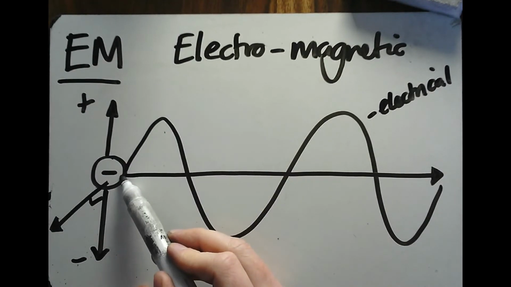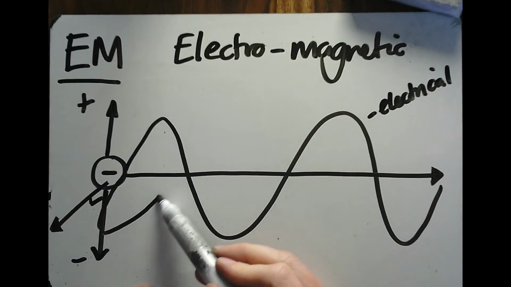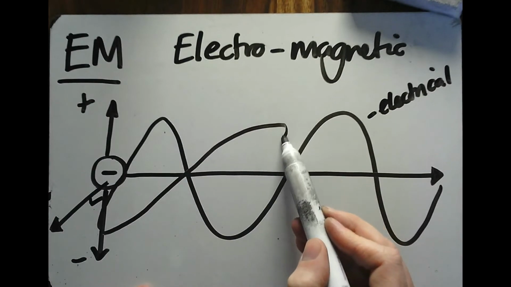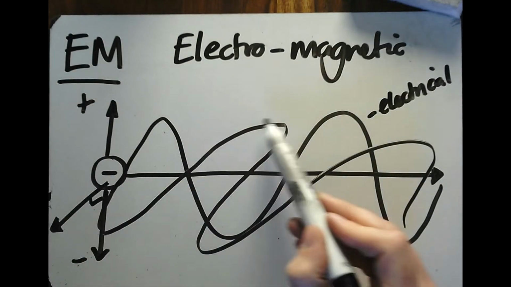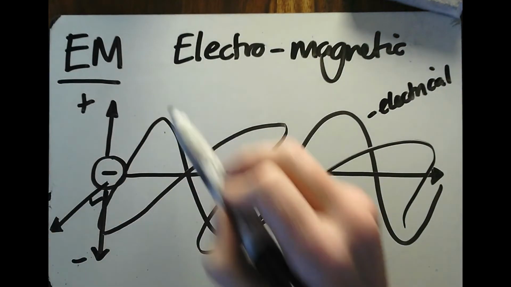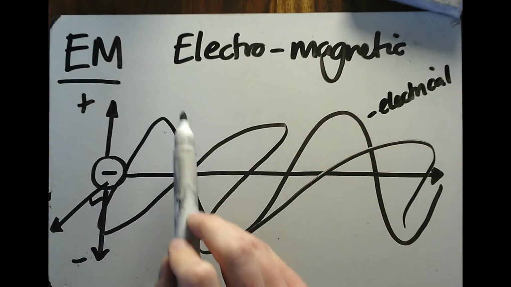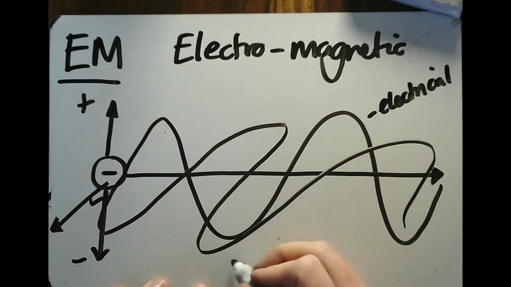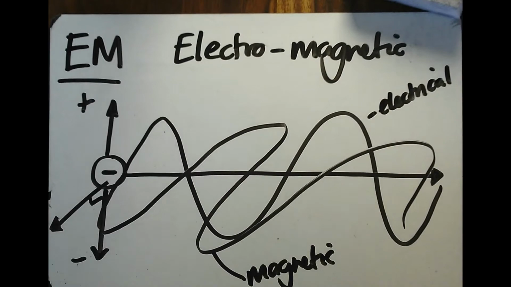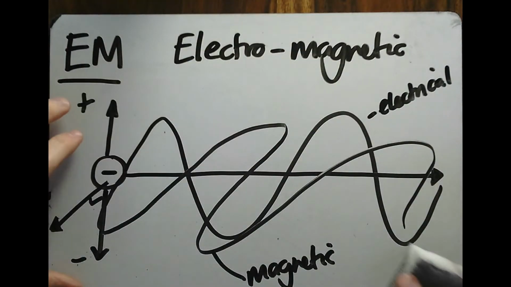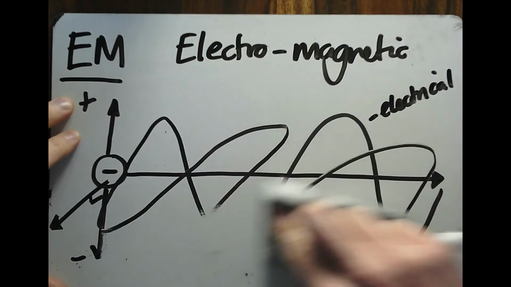So that's going up and down, but also there's going to be a magnetic part that is going out at 90 degrees. So that's why it's called electromagnetic, because it's got an electrical part, and at 90 degrees it's got a magnetic part. So you don't need to go into too much detail about that, and don't worry too much, but it's good that you have a brief overview of why it's called electromagnetic. So it's a charged particle oscillating.